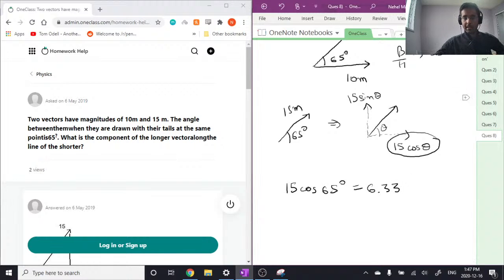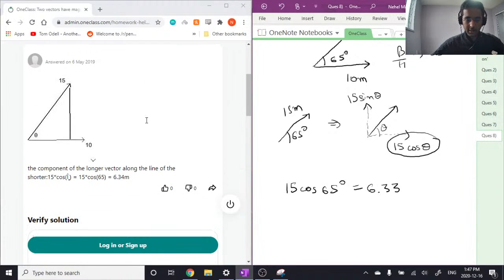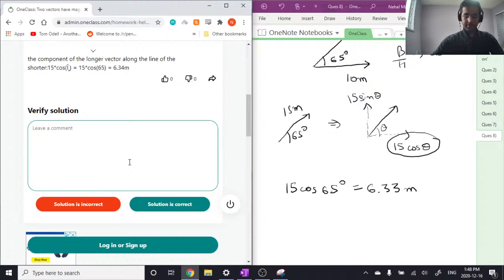Okay, so that is the bigger vector along the shorter vector. And I did forget the units, so that would be meters. And that's exactly what's in the solution as well. So the solution in this case is correct.